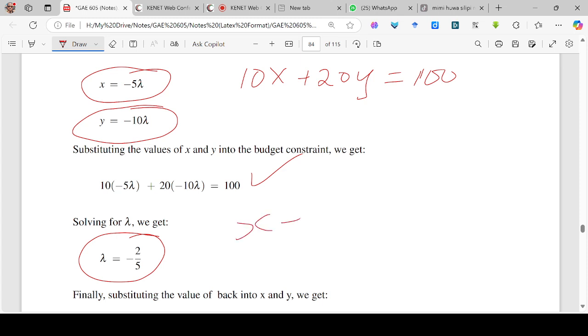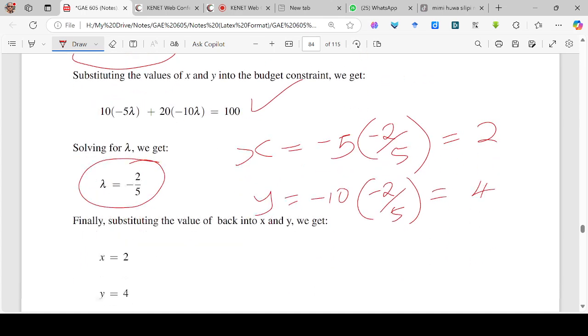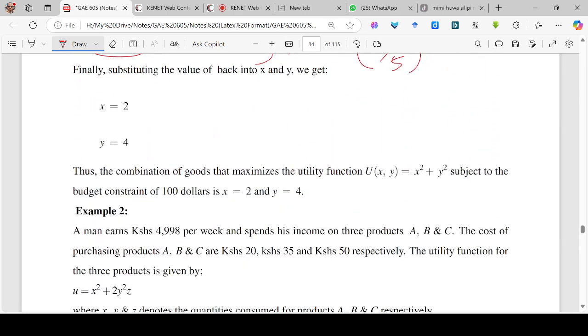Then x becomes minus 5 times minus 2 over 5, which gives us 2, and y becomes minus 10 times minus 2 over 5, which is 4. So x is 2 and y is 4. That's the combination of goods that will maximize our utility function.